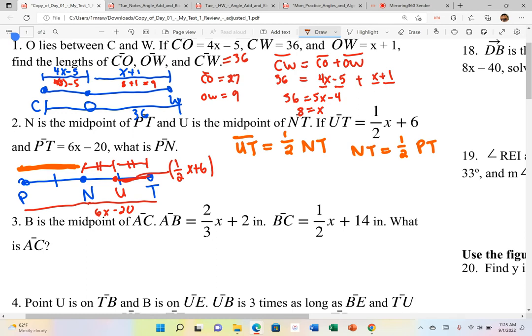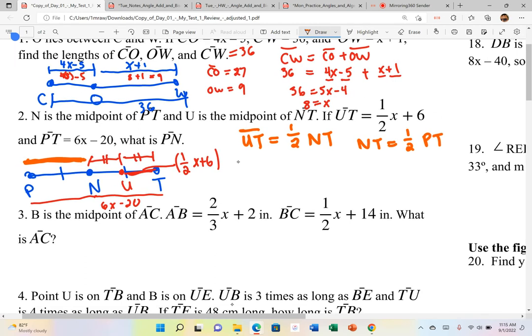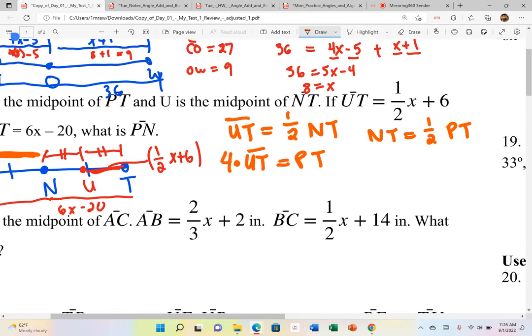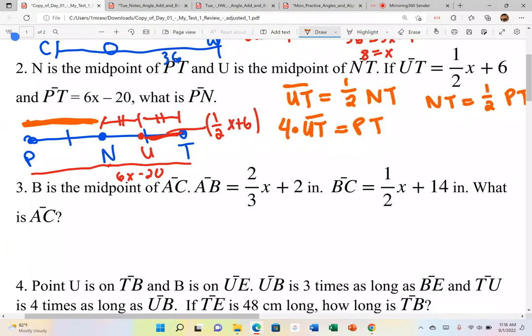There you go. Multiply by 4. Fabulous. So if I take 4 and I multiply UT times that, that should give me the whole entire segment PT. Does everyone understand that process? Okay. Because UT is 1/4 of the whole thing.